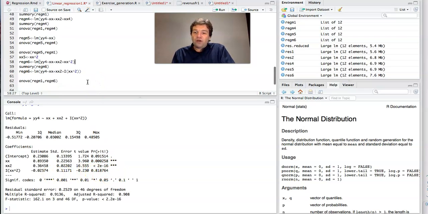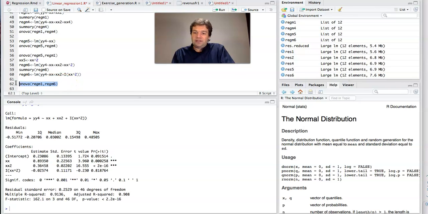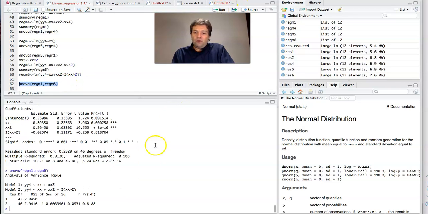And we could run this through a partial F test. We compare here regm1, which is the regression with the formula xx plus xx2, and regm6, this polynomial regression with xx, xx2, and xx up to the power 2.